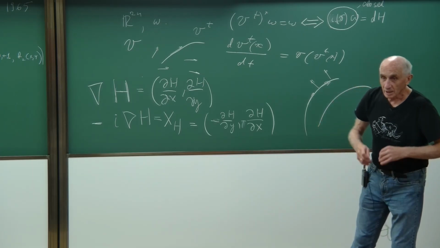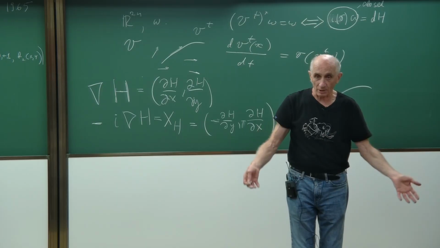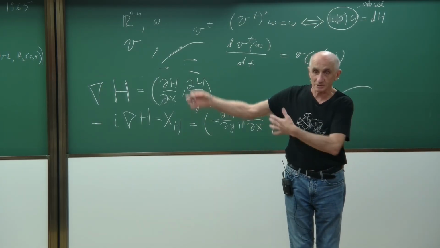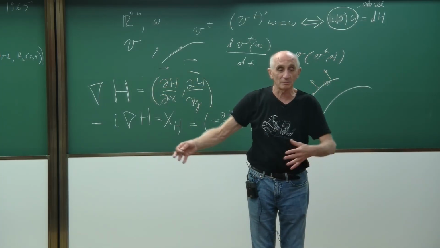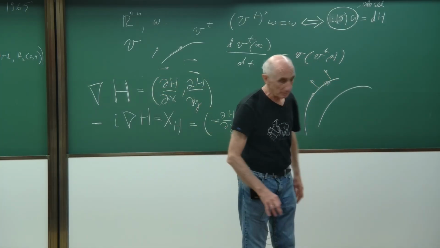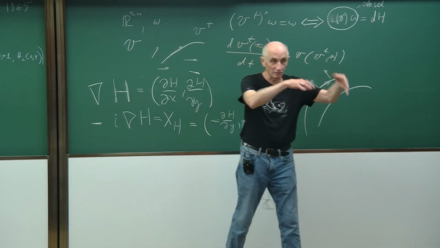So that implies there are really an enormous number of area-preserving transformations in the two-dimensional case, and in the high-dimensional case, symplectic transformations. That means you take any function, and this function gives you such a flow.